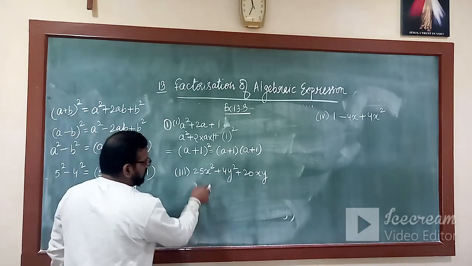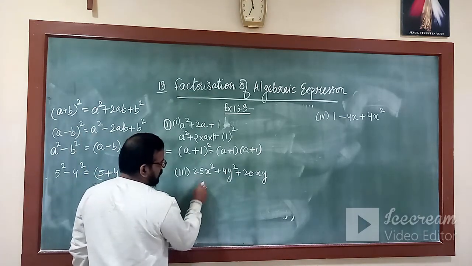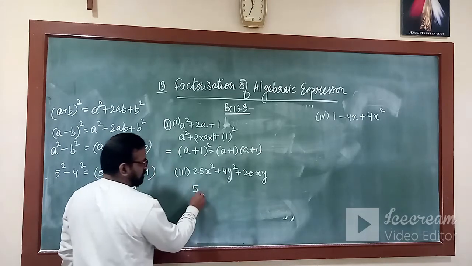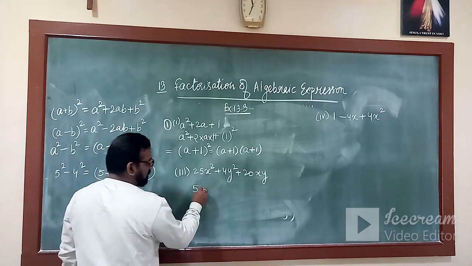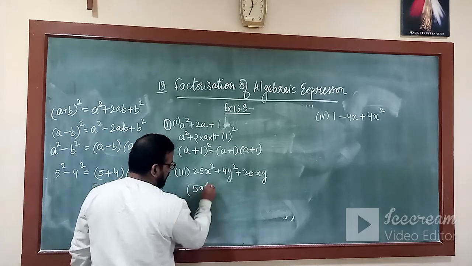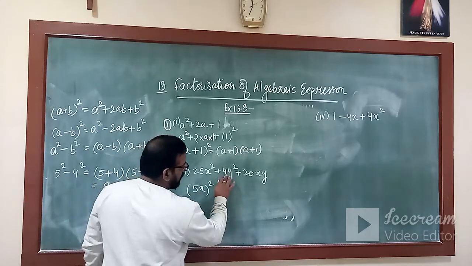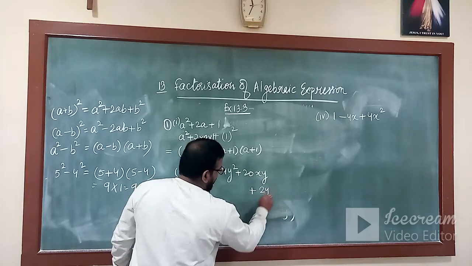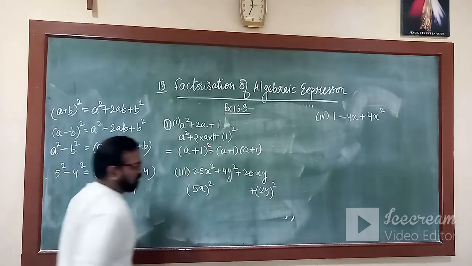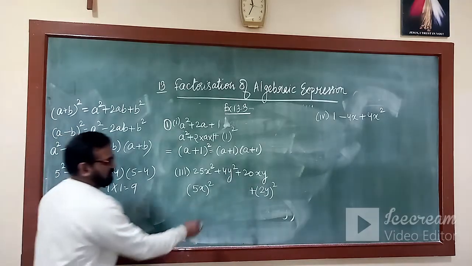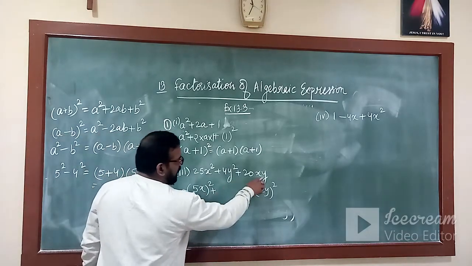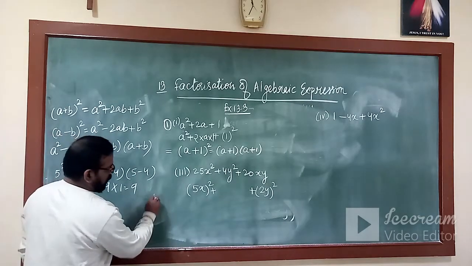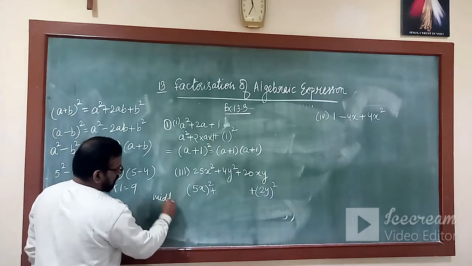Similarly, see this one. It is 25x square. So we all know square root of 25 is 5, and this we can write 5x square. Now this term I am writing it here, 4y square I am writing as 2y square. Okay. Now see, it is 20xy. Now I will check the middle term. We are always checking the middle term.